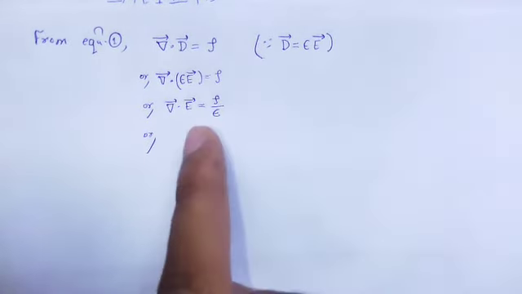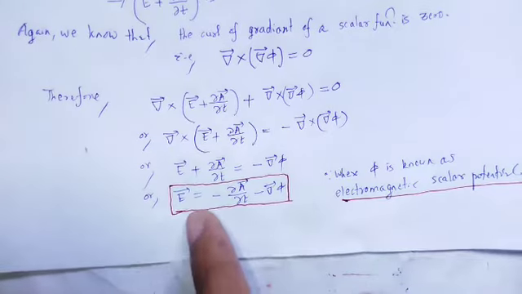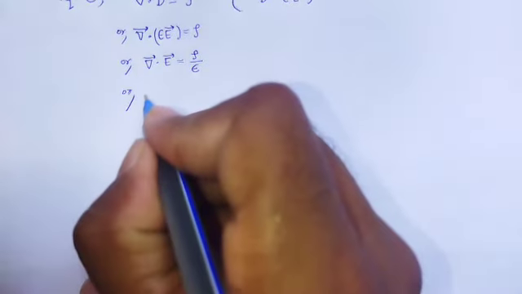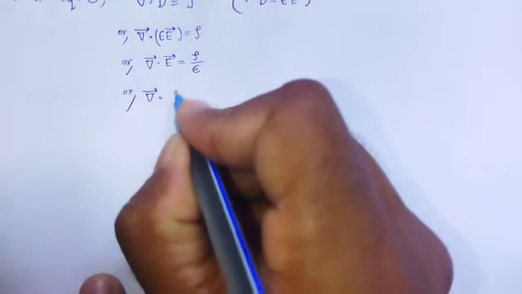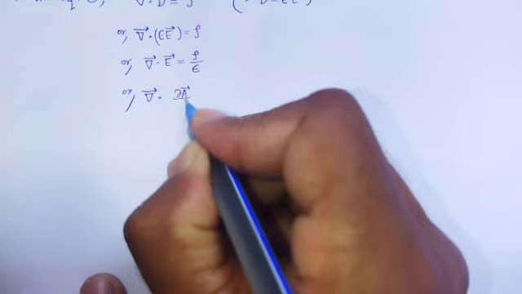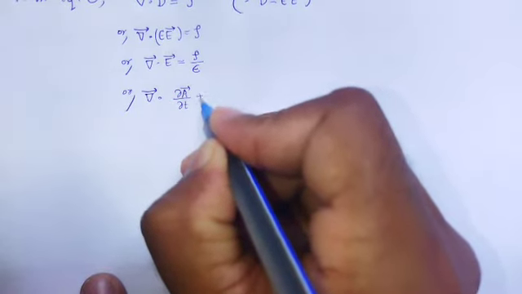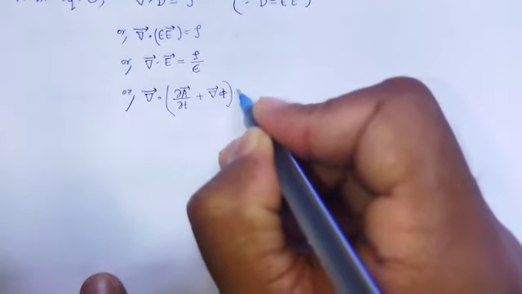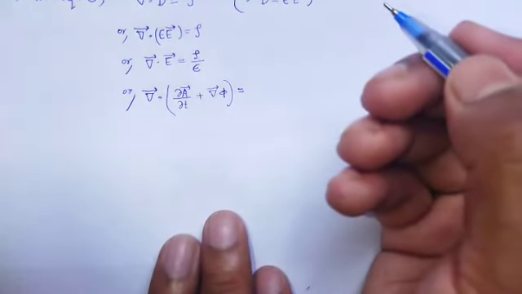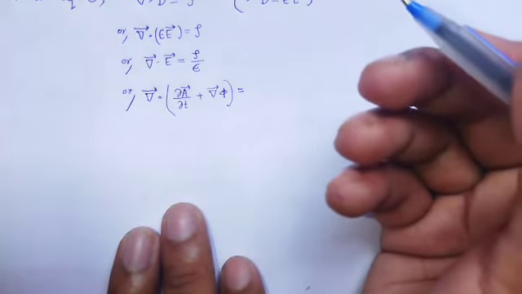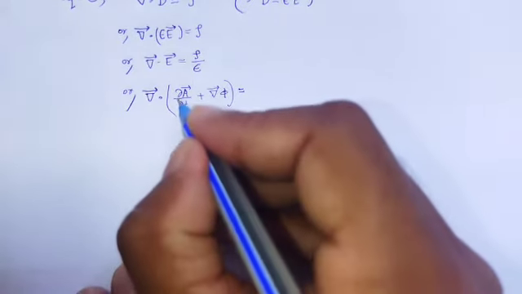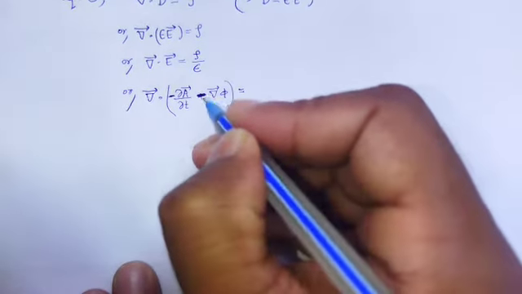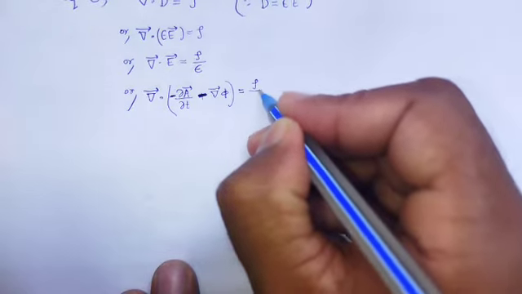Previously we derived the value of E, which is put here: grad dot (minus del A by del t minus grad phi) is equal to rho by epsilon.